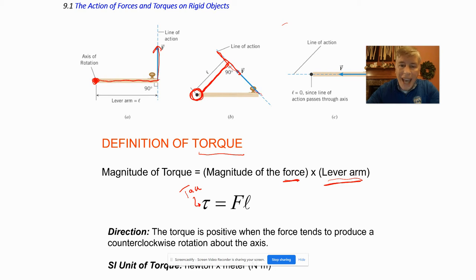However, if you push diagonally on something, like I am in part B, then the lever arm isn't this distance over here. What we do is we actually have to find this distance from the pivot onto what we refer to as the line of action. Another way to go about this is that what I'm creating right here is a nice little right triangle because I'm creating a right angle here.